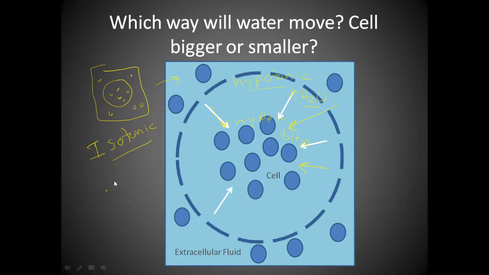Most IVs are 0.9% sodium chloride, which is isotonic to the cells of your body. So we put fluid into your body with this type of IV, but we don't change the size of the cells. Occasionally, and we'll get into this, you do give a person a slightly hypertonic or slightly hypotonic solution in order to deal with their health issue.